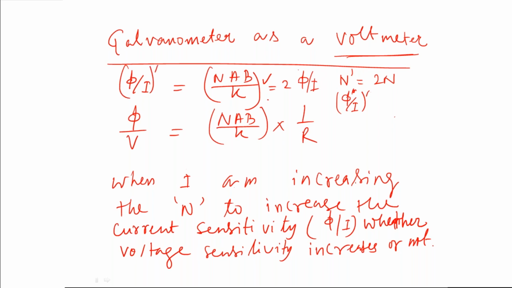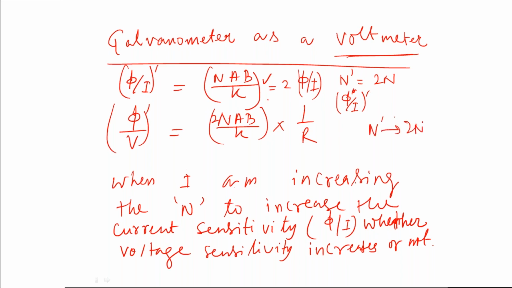The answer is no, because the length of the wire in the loop or the coil, this N is actually the number of turns. That means when your number of turns tends to 2N, then the resistance of the wire also will increase, and it will be almost proportionally increasing. So R prime will be 2R.